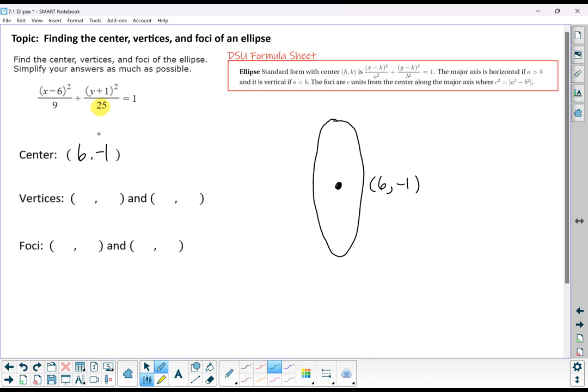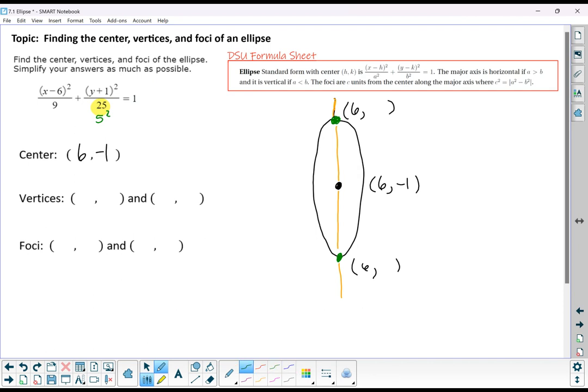And so I know that those two vertices are 5 away from the center because 25 is 5 squared. So I have to think about counting up 5 from that -1, with the 6 as the x-coordinate. This vertex at the top is going to also have an x-coordinate of 6 because these things are all along that same major axis. So they all have the same x-coordinate of 6.